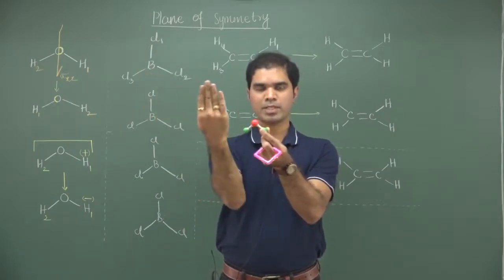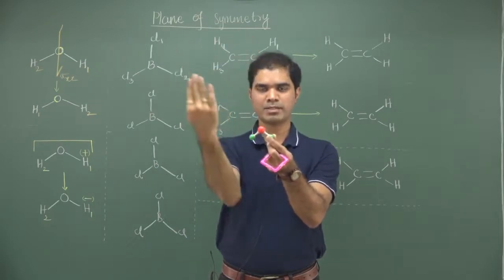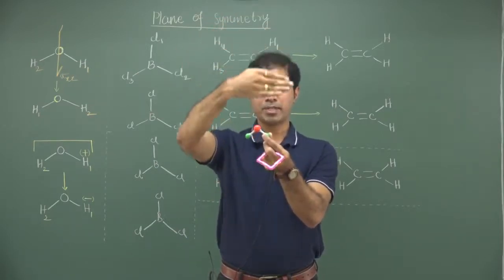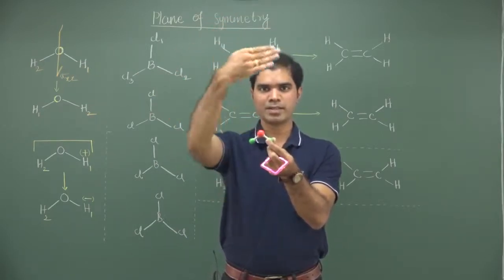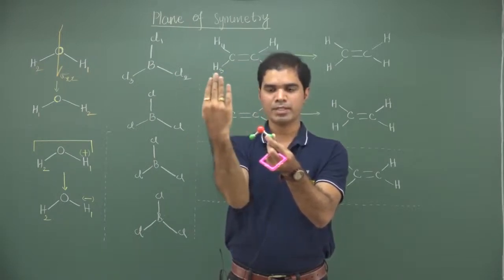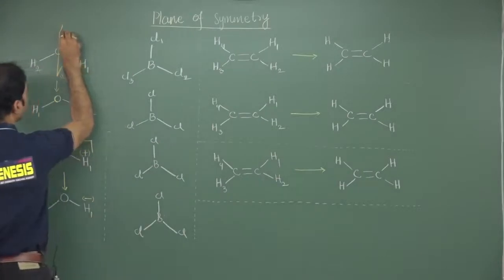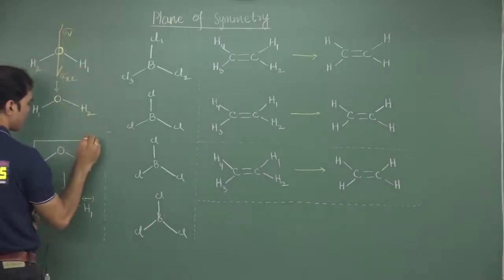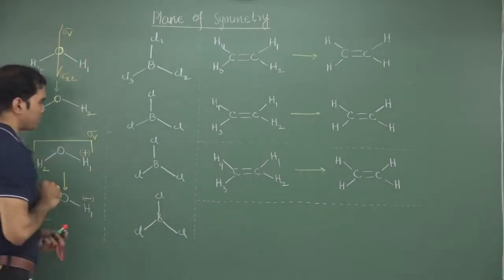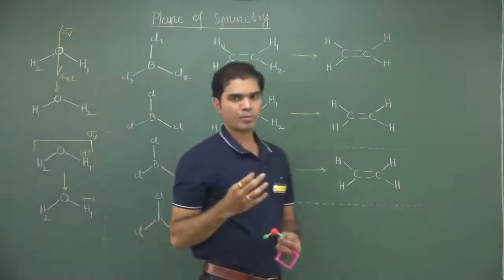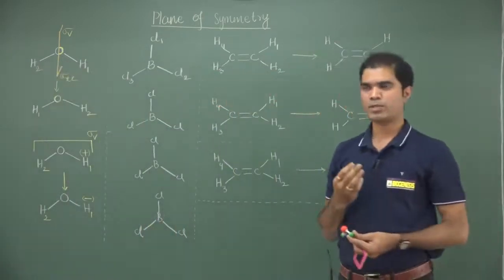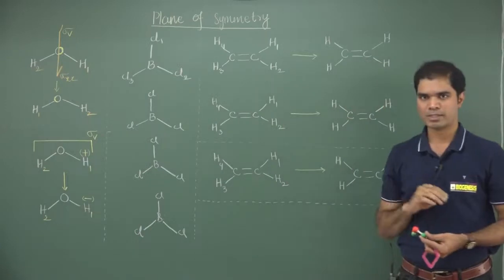Next, this is also a plane which is parallel to the principal axis. Let me pass it this way or this way, it is one and the same. Since this is also parallel to the principal axis, we can call both planes vertical planes. In the water molecule there are only two planes, and those two planes are called vertical planes.